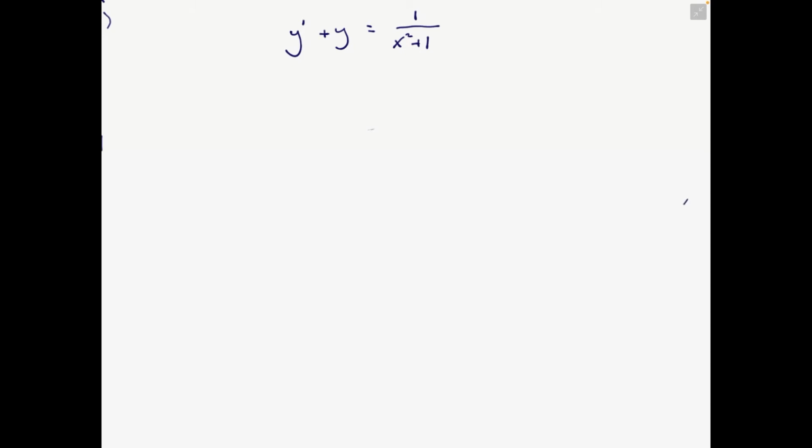So with this problem, we have p of x is equal to 1, g of x is equal to 1 on x squared plus 1, and mu of x is equal to e to the x. And so then we apply our theorem.